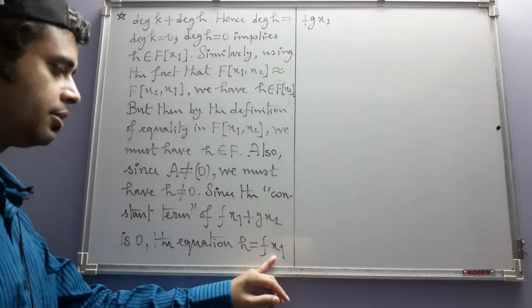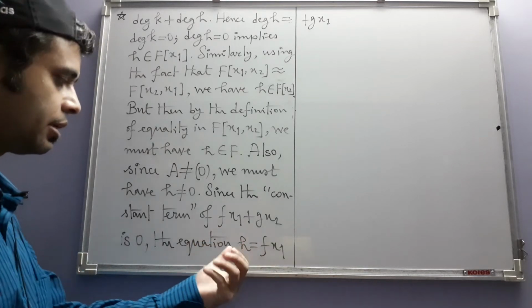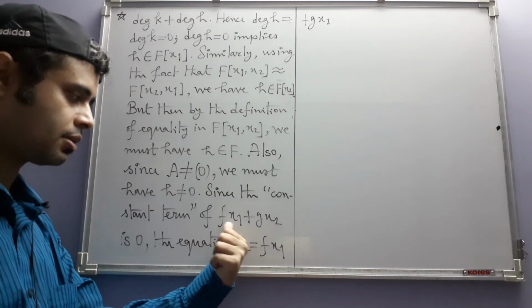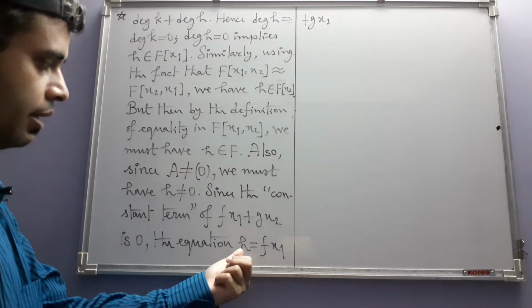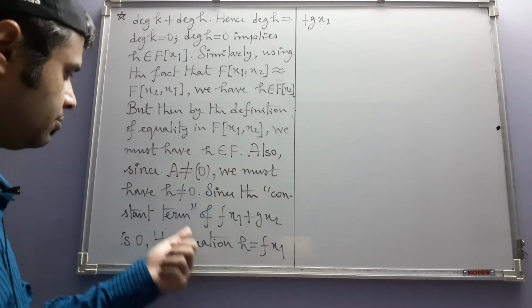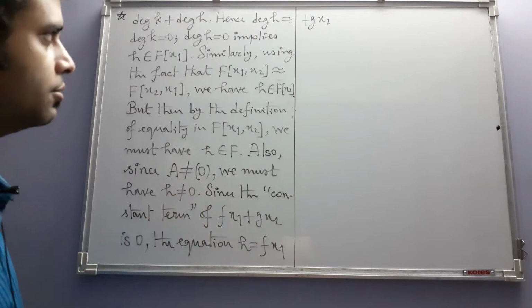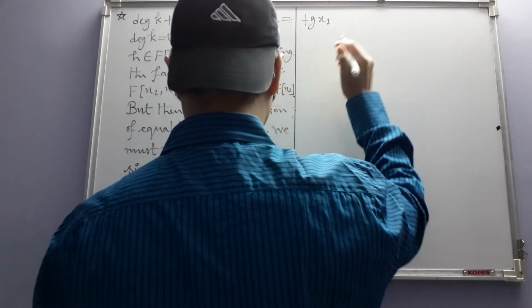It actually contradicts the fact that since that constant term is 0 and since the polynomial according to this equation itself is constant h, which is a field element, h must be equal to 0, which is not true. Okay, so we can write like this.